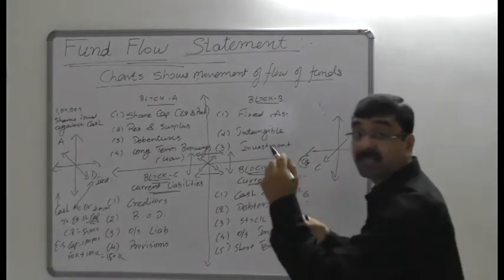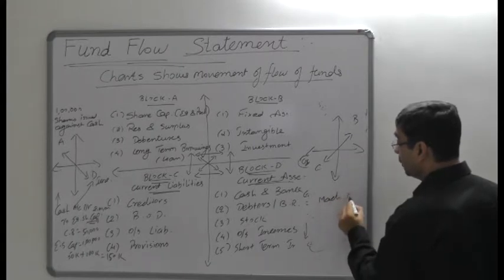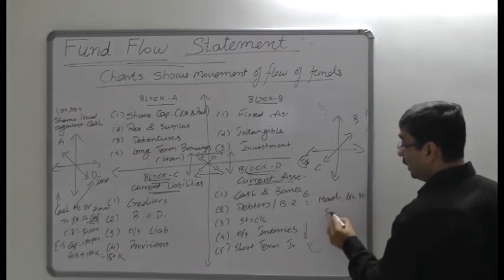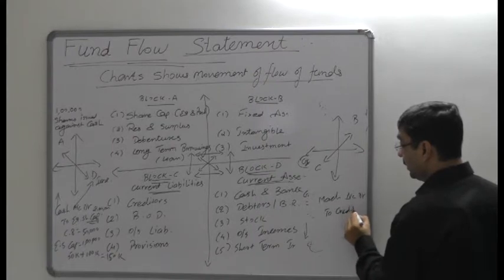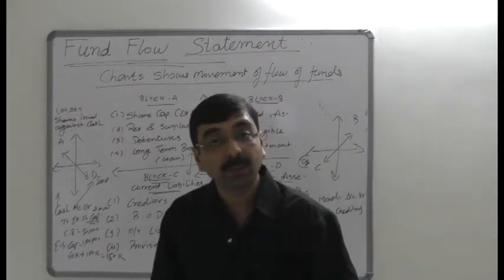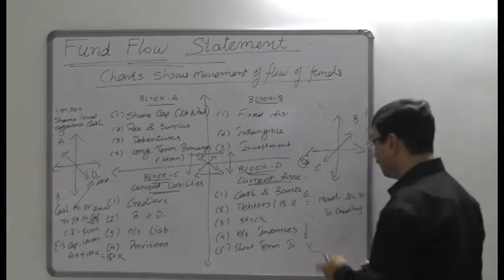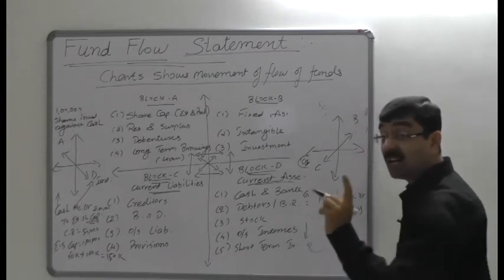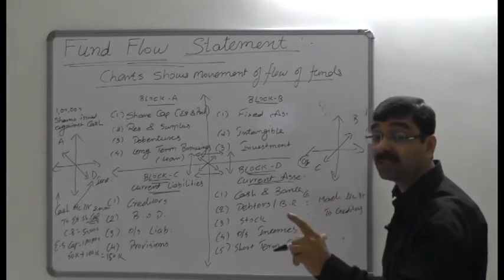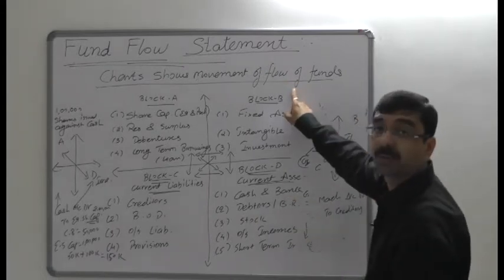Machinery comes in, machinery account debit, and it's a purchase on credit, which means the creditors have been created. So the transaction is machinery account debited to creditors account. Now we want to see whether this transaction affects the cash or not. If it affects cash or working capital, in both cases it will affect the flow of funds.